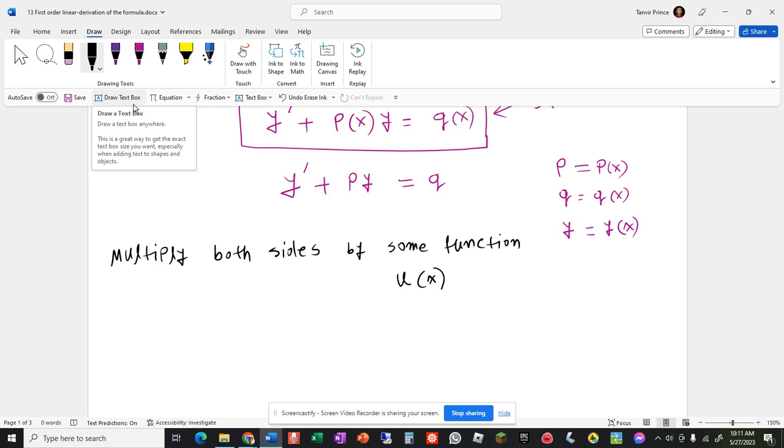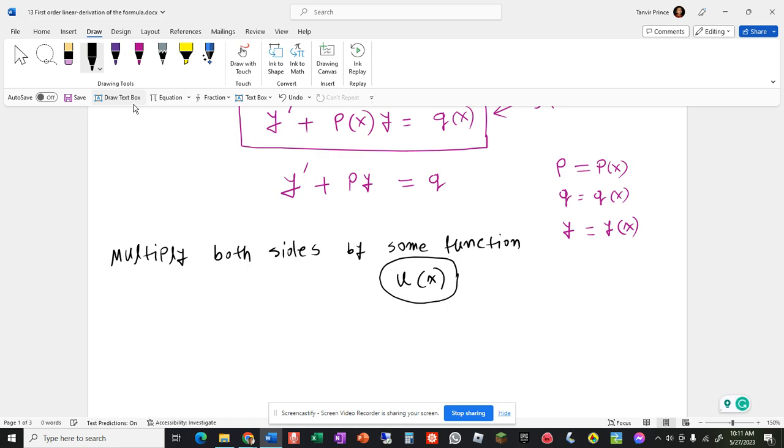I mean, you can choose your u of x to be anything you want, right? So I can multiply both sides by x squared. I can multiply both sides by sine x. I can multiply both sides by ln of x, anything I want. But if you multiply both sides by anything you want, of course, you're going to make things even more complicated. So we have to choose this function very carefully.